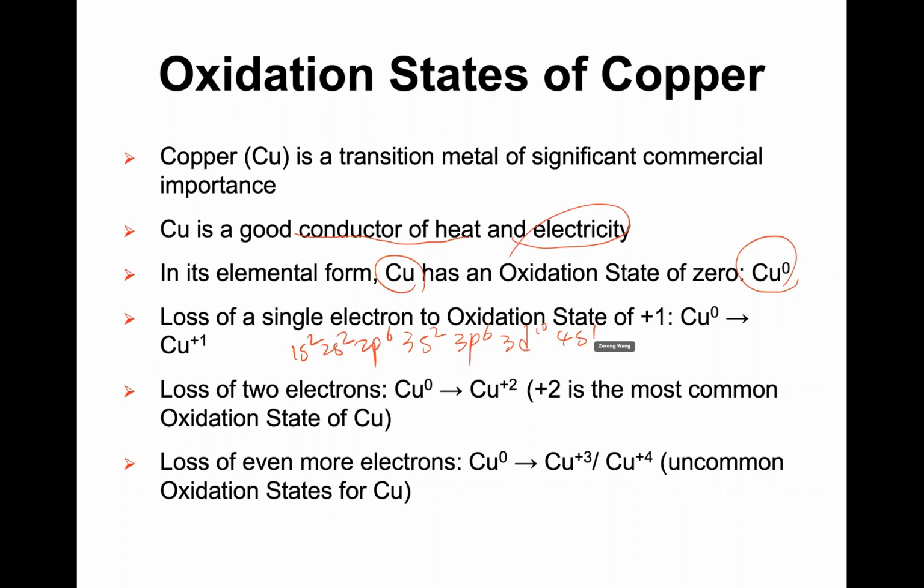So in this case, we can allow it to lose the outermost electron. So it loses one electron. So from copper 0 to copper 1, that's how you can see it loses this one.